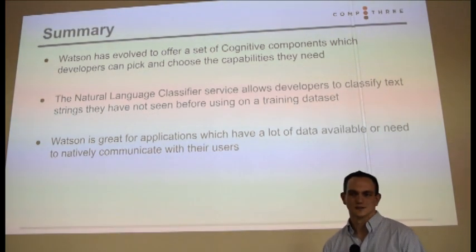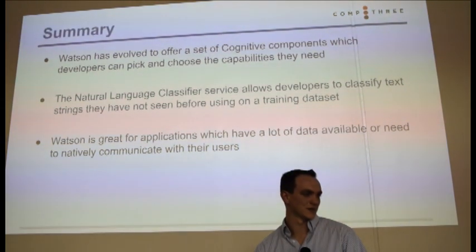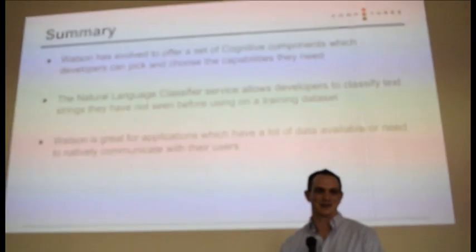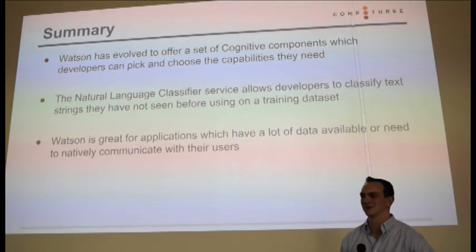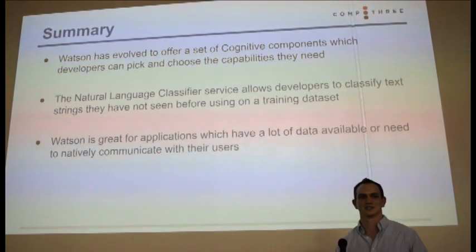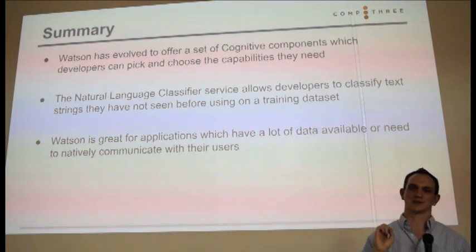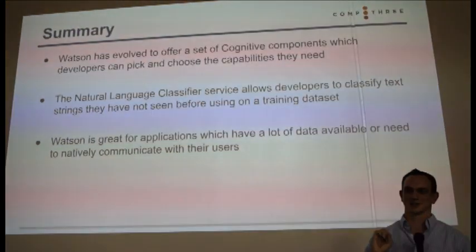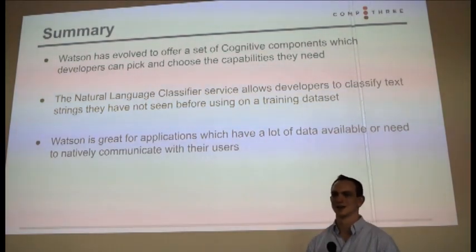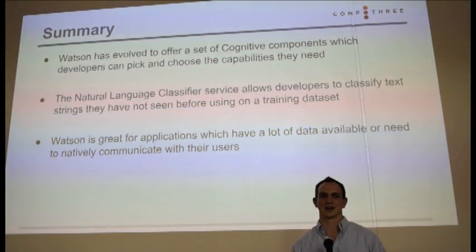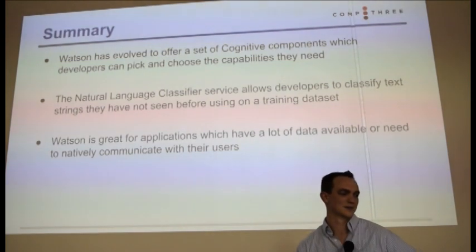Right. So, in summary, Watson started back as a Jeopardy system, and has now evolved to really be a collection of services and components that developers can go in and say, I want this piece, I want language translation, I want natural language classification, and pick and choose and build their apps using these REST APIs.